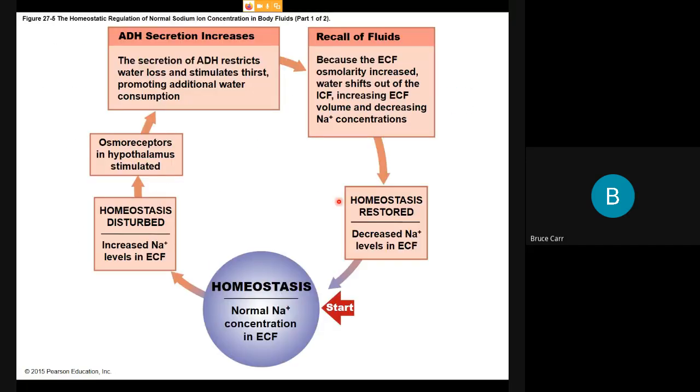So what we see here, normal sodium concentration, if we increase sodium levels in the extracellular fluid, and homeostasis is disturbed because we're near that upper limit, it affects the hypothalamus and its receptors for osmotic pressure. This secretes ADH, which restricts water loss and stimulates thirst in connection with other things, and basically promotes additional water consumption.